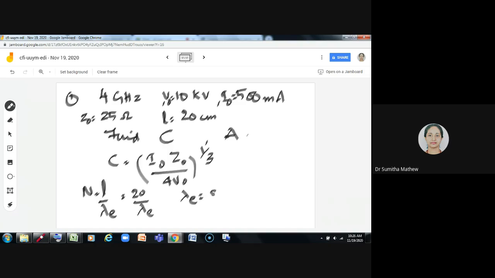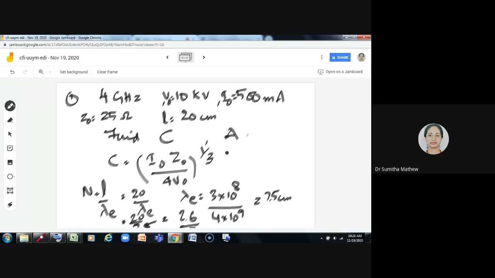Lambda E is equal to 3 into 10 raised to 8 meter per second by the frequency, given as 4 into 10 raised to 9. How much is that? You get it as 7.5 centimeters. So you got lambda E, and N is equal to 20 by 7.5, which you get as 2.6.